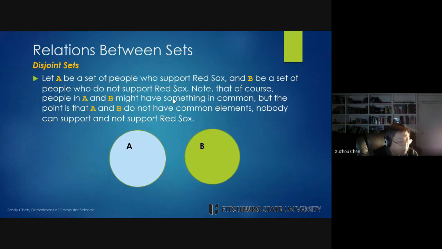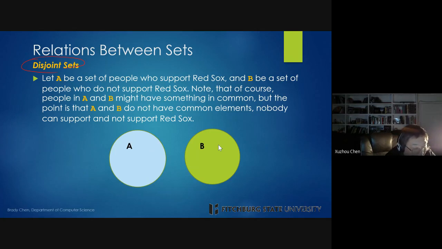Now let's take a look at another scenario. These are called disjoint sets. Now it's very straightforward if you look at the diagram, right? So A is over here, B is over here, and they don't overlap. So now it's easy to find some examples.